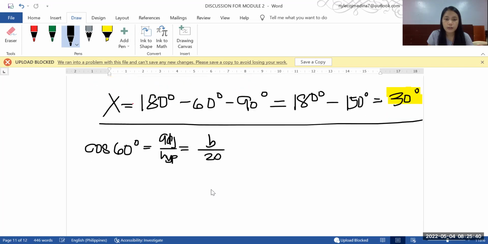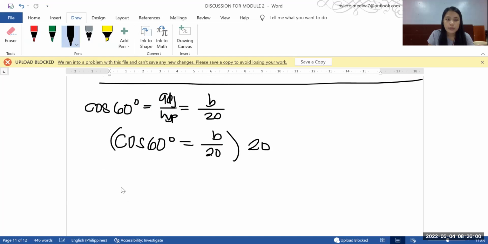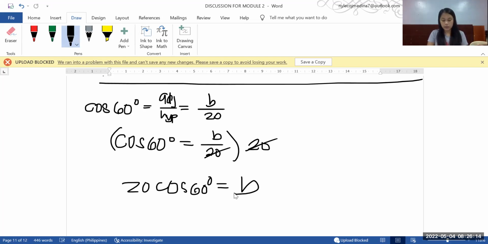To get the value of B, we multiply both sides by 20. So cosine 60 equals B over 20. Multiplying both sides by 20 cancels the denominator, so 20 cosine 60 is equal to B. Now, using your calculator, insert 20 cosine 60, and we get 10.